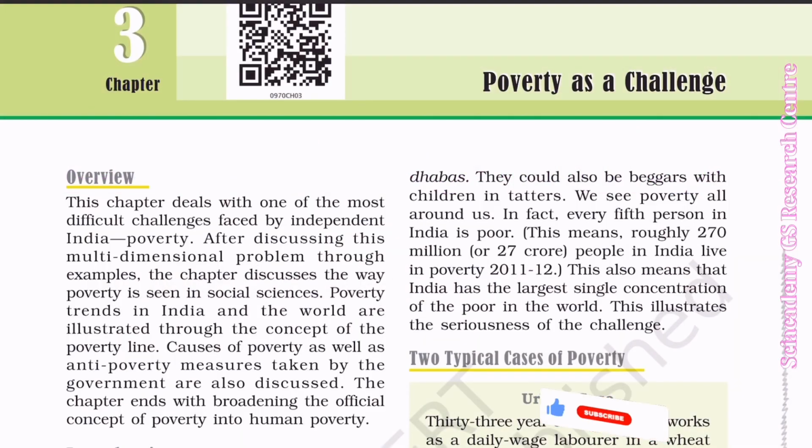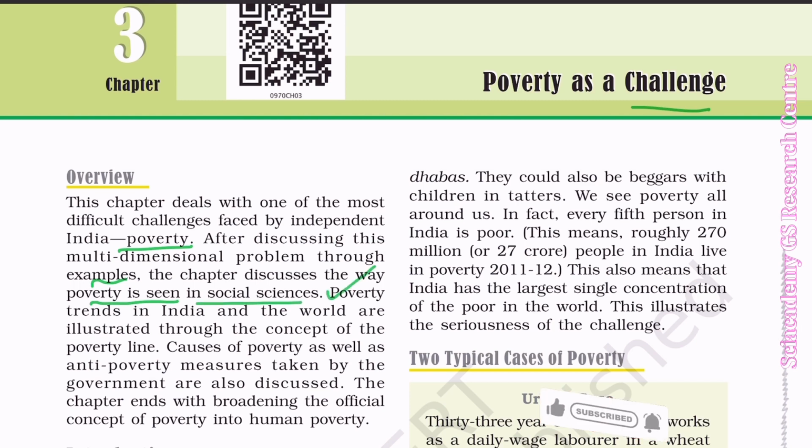This is page number 29, chapter 3, Poverty as a Challenge. Overview: this chapter deals with one of the most difficult challenges faced by independent India, that is, poverty. After discussing this multi-dimensional problem through examples, the chapter discusses the way poverty is seen in social sciences.